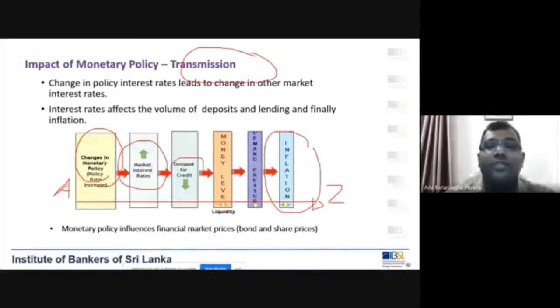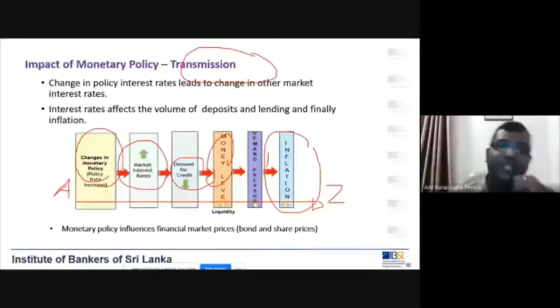Sorry, when credit is changing, money supply is changing. When money supply is changing, demand pressures are changing. Finally, inflation is affected. So this entire process, you call it the transmission process of monetary policy.